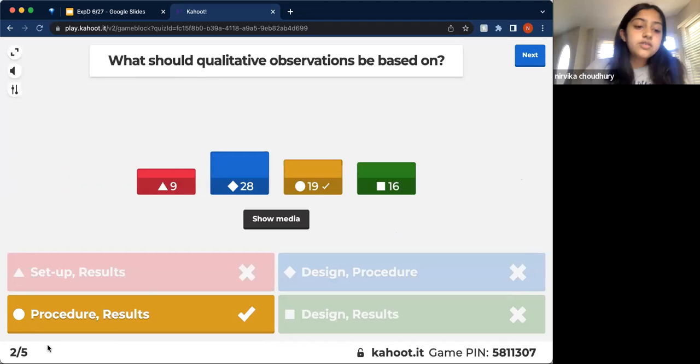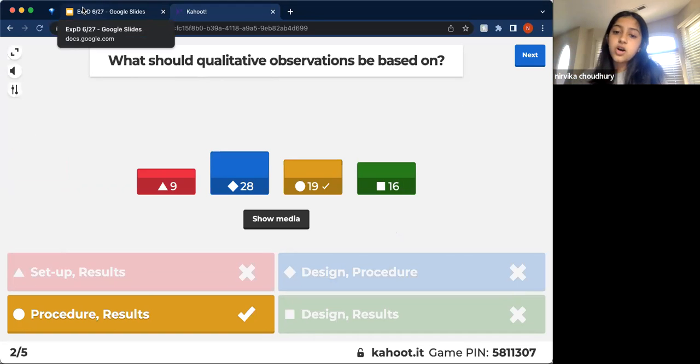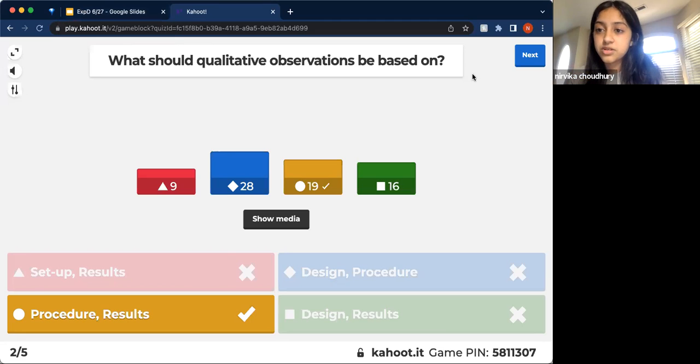About this one, it's not the design and the procedure because like I showed in the slide, we need to do the before, during, and after about what happens during the procedure, and then the results, the qualitative observations of the result. Because you can't really make a qualitative result on the design because your design is what your idea is. So there's not really much to observe about it.